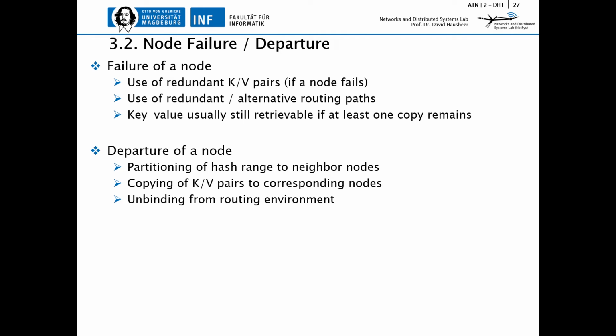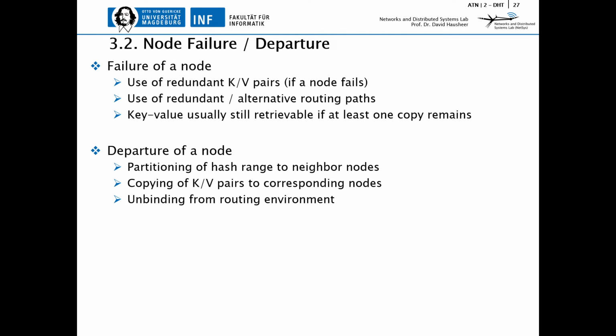Now, whenever a node departs from the network or even fails, a number of additional mechanisms need to take place. Of course, it can always happen that nodes actually fail, either because of power failures or because of other reasons.